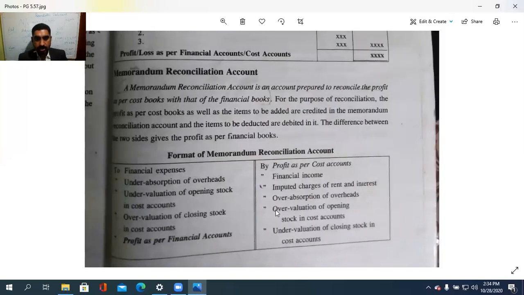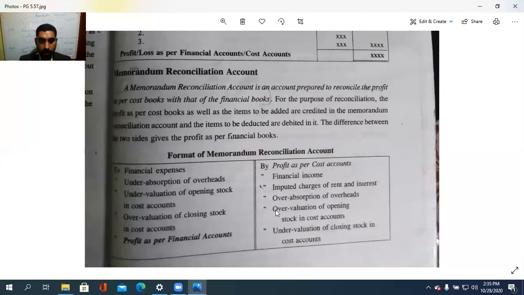Profit as per cost account, whatever the financial income should be there, that is to be credited. Then imputed charges of the rent and interest that should be there. Over absorption of the overhead to be there, credited. Overvaluation of the opening stock in cost accounts, undervaluation of the closing stock in cost accounts, while what all the items, financial income to be credited, so financial expenses to be debited.